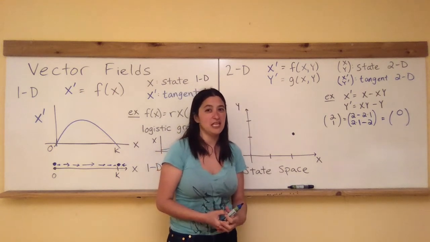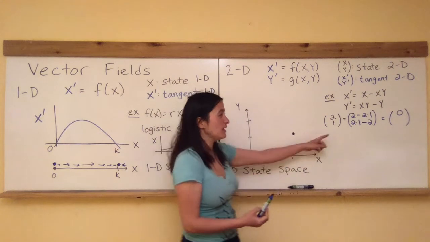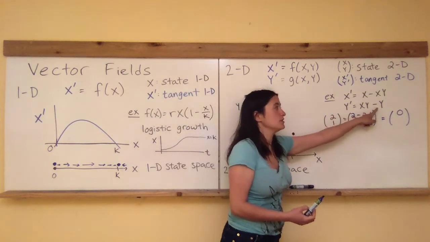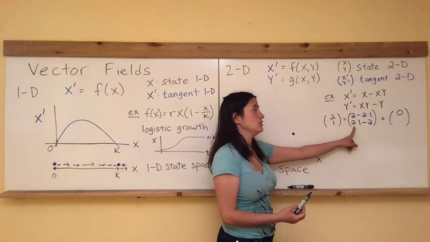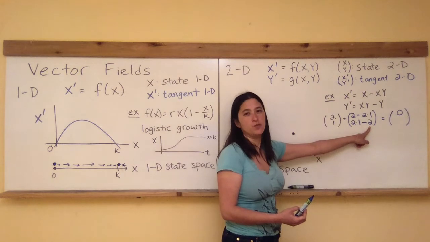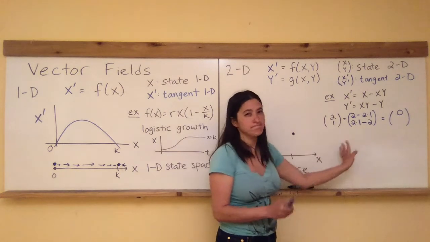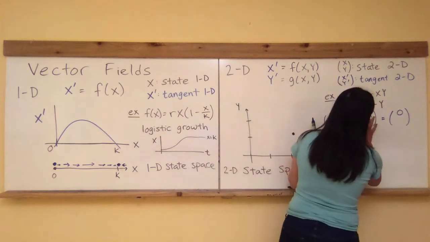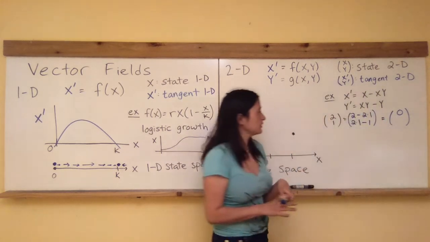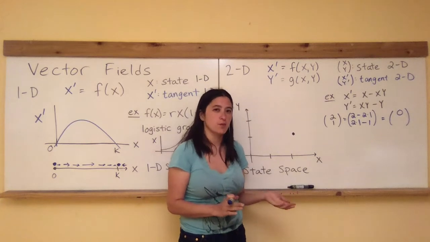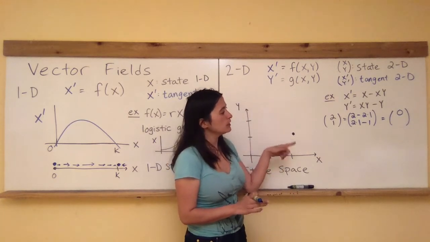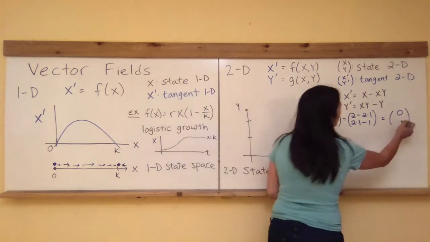Can you see my mistake? Yeah, when I was trying to plug this in, I'm trying to say xy minus y. So x is 2 times y is 1 minus, that should be a 1. Right, because y is 1. Mistakes happen. It's good to double check your work to make sure that we get everything figured out correctly. So really what I have there for the y prime component for this point is 2 times 1 minus 1, which is equal to 1.